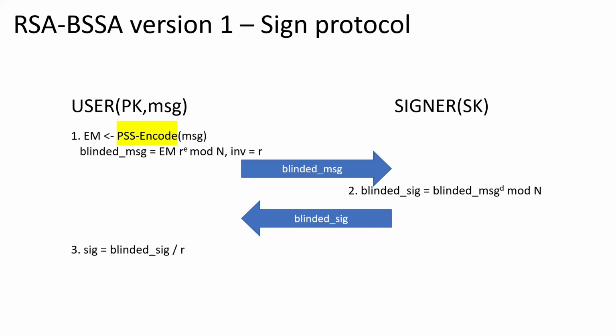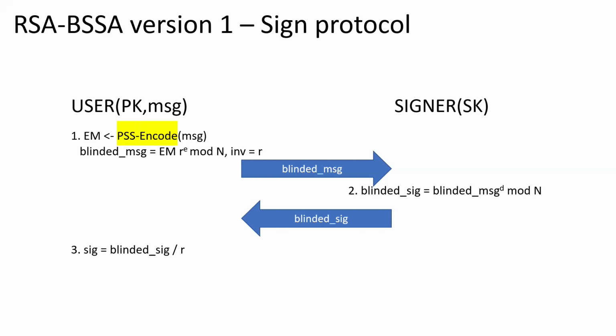And then the signer computes the Eth root of that, so raises that to the D, sends it back, and then you compute the signature by unblinding. The PSS encoding is the part that I haven't told you yet, exactly how it works. Okay, so that's the signing protocol.